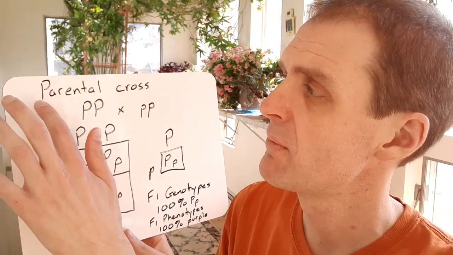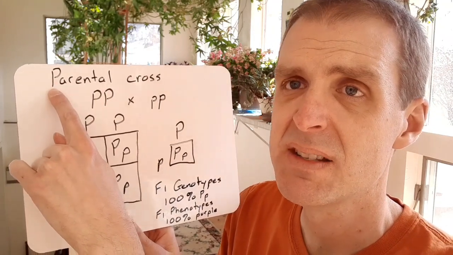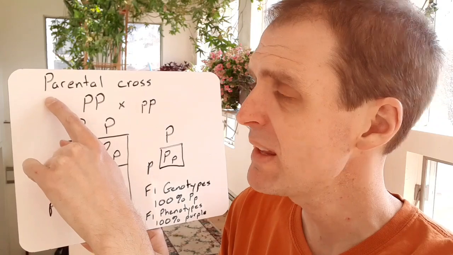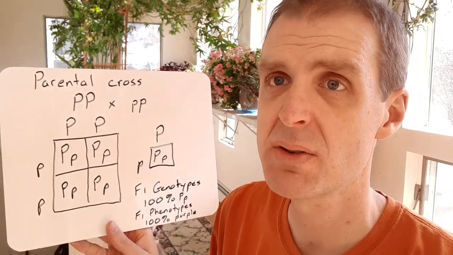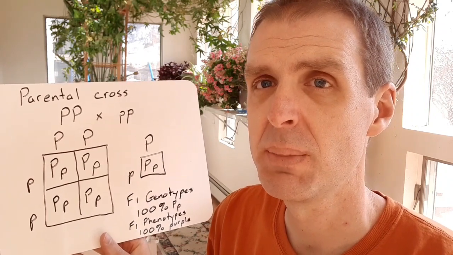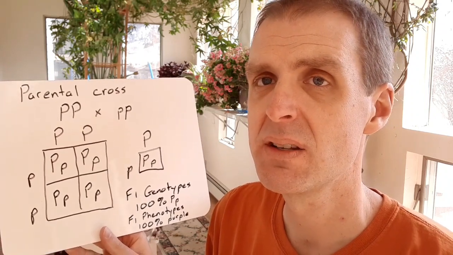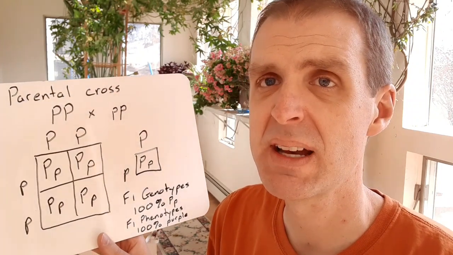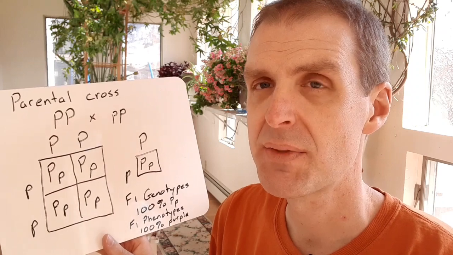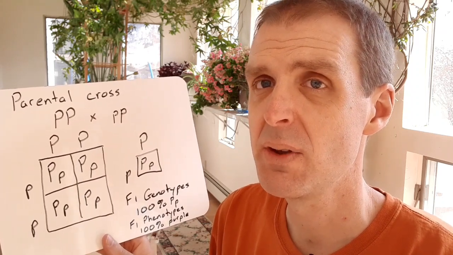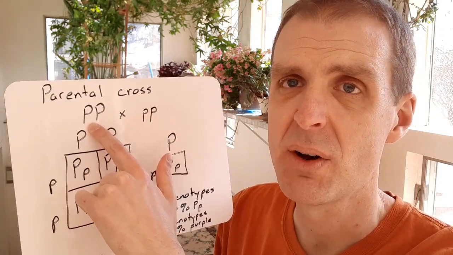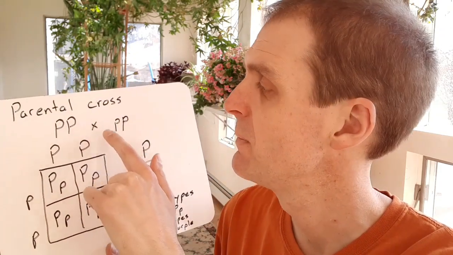So let's say we've got a couple parent lines of flowers. Now these are going to be pea plants. The pea plants that Gregor Mendel was using were true breeding pea plants, which means that as long as you kept cross-fertilizing those plants with themselves, they'd always give you the exact same traits, meaning that the only way to explain that is that they are homozygous for that trait.